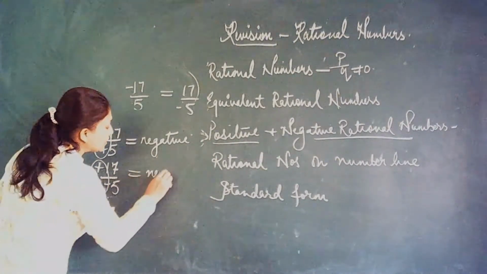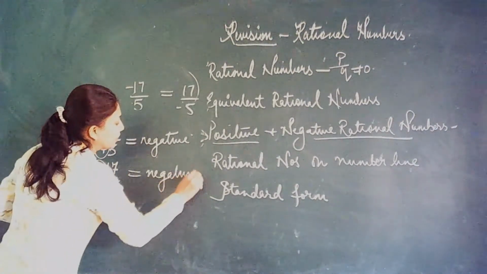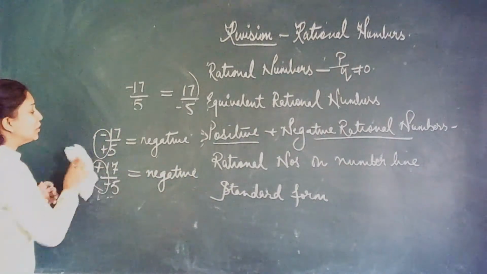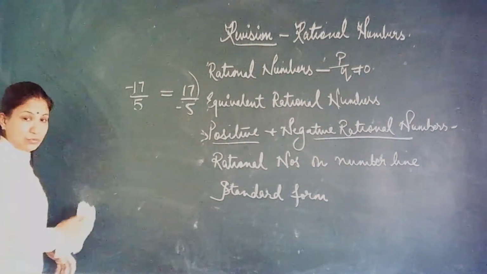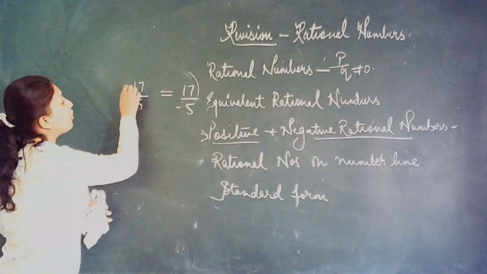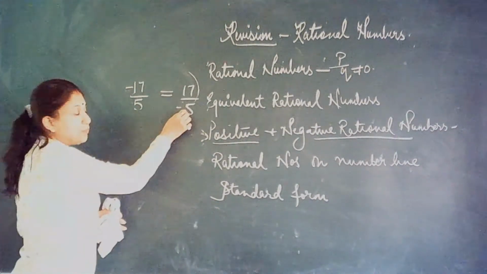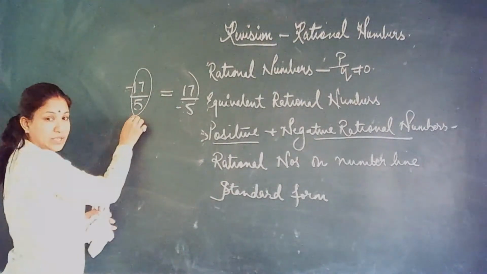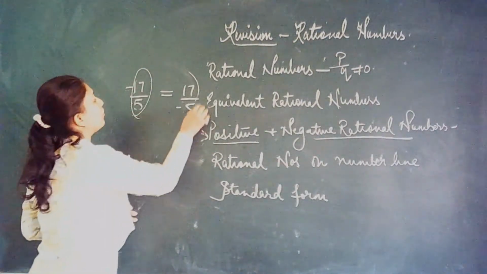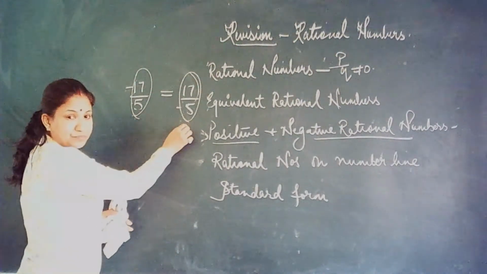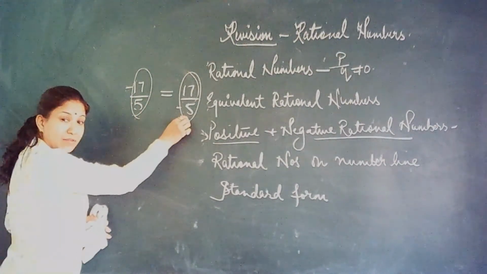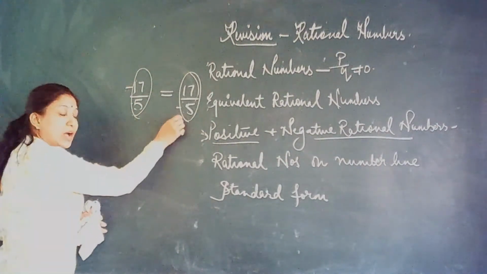That means this is also a negative rational number. So, we conclude that irrespective of whether the sign is at the numerator or denominator, if the numbers are the same at numerator and denominator for both, and they are negative rational numbers, then they are the same.